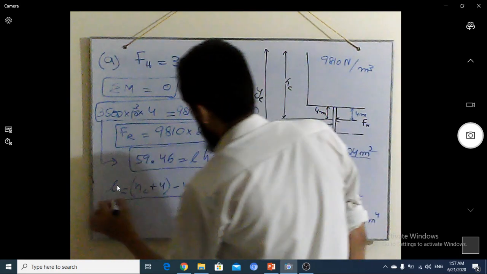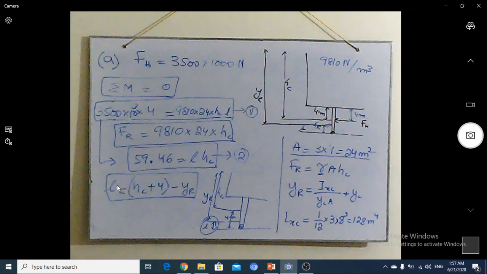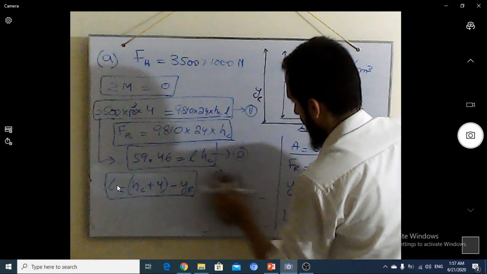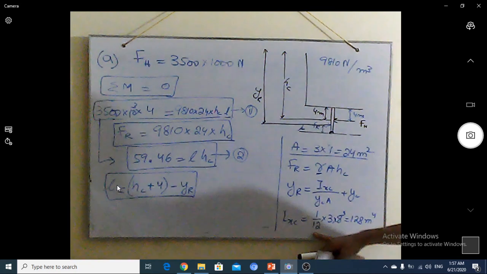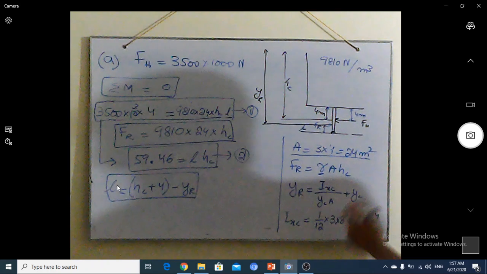So definitely there is an influence of the YR value as well in this numerical. So what we do is, the YR value is here.